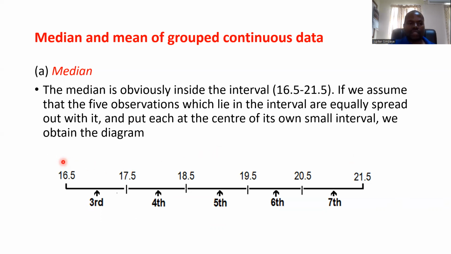We know the interval goes from 16.5 to 21.5. We already have two observations which fall in the interval somewhere below. So the first observation and the second observation are in that lower interval. Now the third we believe is falling somewhere here, and the fourth, the fifth, the sixth, the seventh, and then the eighth is falling in the other interval, somewhere upper there.